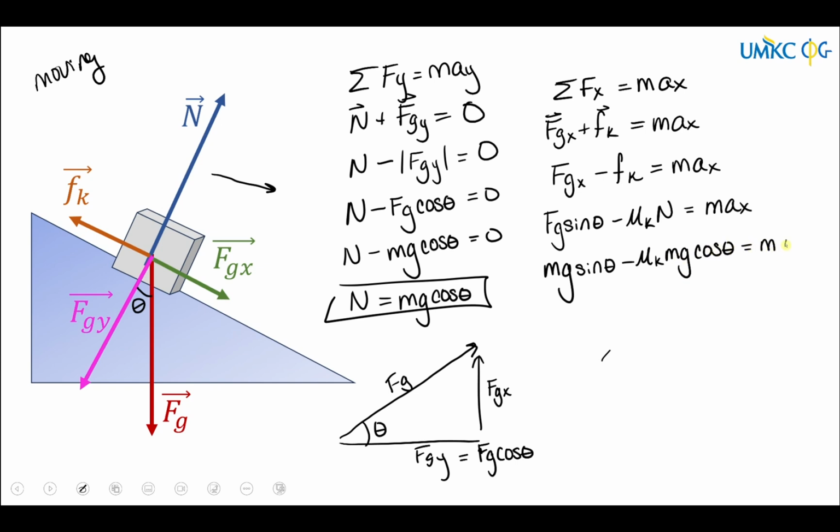Now I can simplify this. I have mass in all three of my terms here. So this will simplify to g sine of theta minus mu sub k g cosine of theta is equal to that acceleration in the x direction.